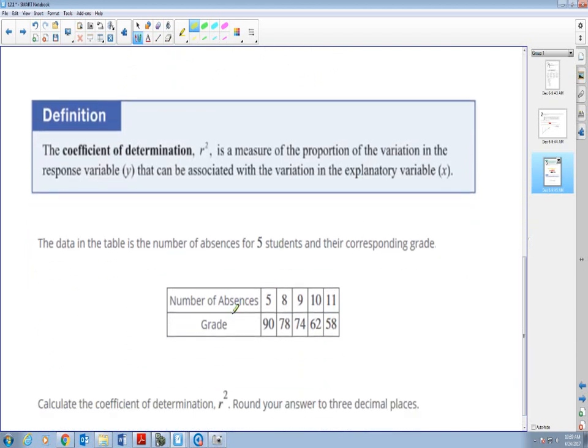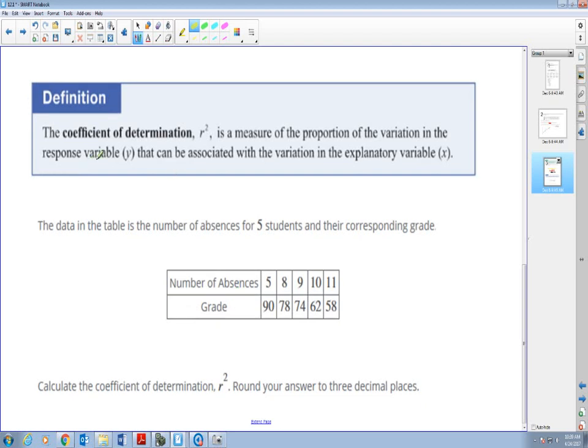So the coefficient of determination measures the percentage of the variation in the response variable that can be associated with the variation in the explanatory variable X.